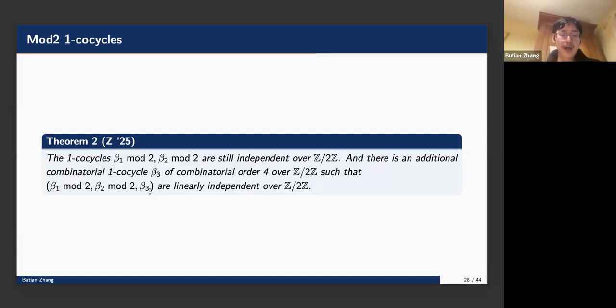I should remark that this beta 3 has value 0 on all the loops we described earlier, but it is still non-trivial; it represents a non-trivial one cohomology class.